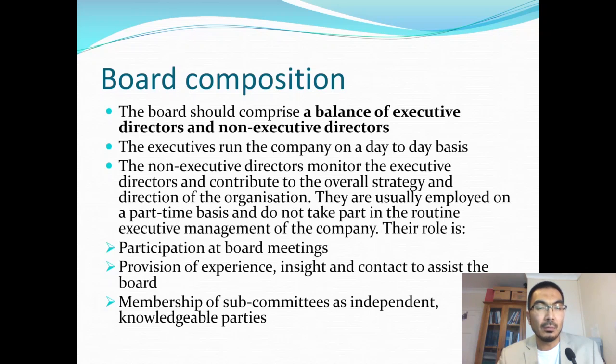They also help and give advice to the board members and executive directors. They are usually employed on a part-time basis and do not take part in routine executive management of the company. So their role is part-time: they come and attend the meetings and give their advice, and they contribute to the overall strategy and direction of the organization.